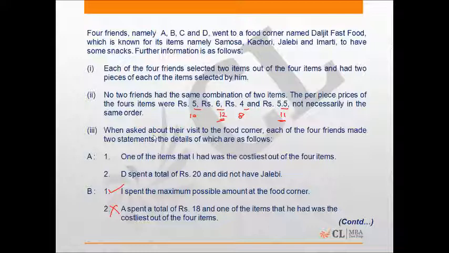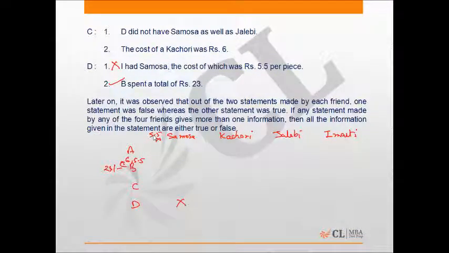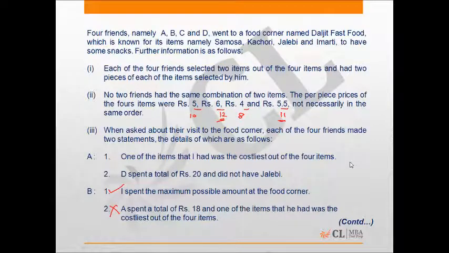So A says that one of the items was the costliest of the 4, which cannot be true because statement 2 of B was that one of the items bought by A was the costliest, which statement is false. That means statement 1 has to be false, so statement 2 has to be true.